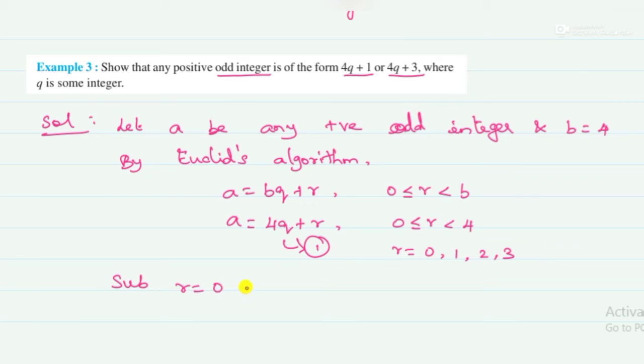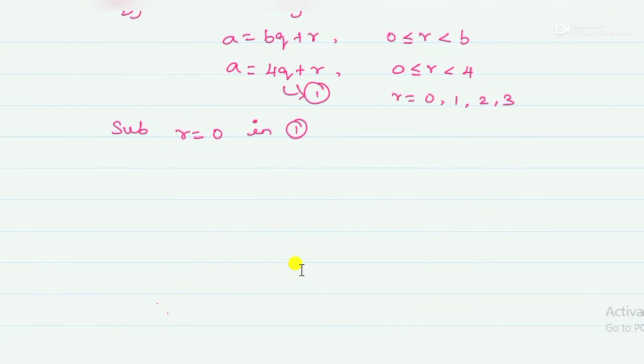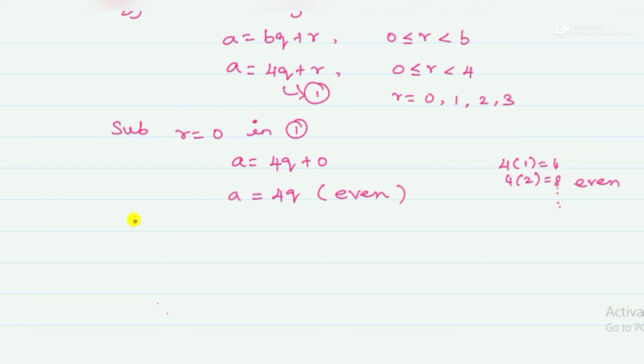Substitute r value as 0 in equation 1. So a equal to 4q plus 0. Any number multiplied by 4 will be an even number. 4 1s are 4, 4 2s are 8. So a equal to 4q is an even number.